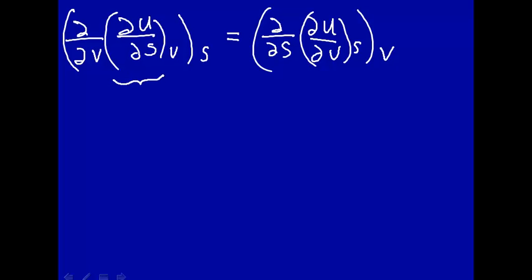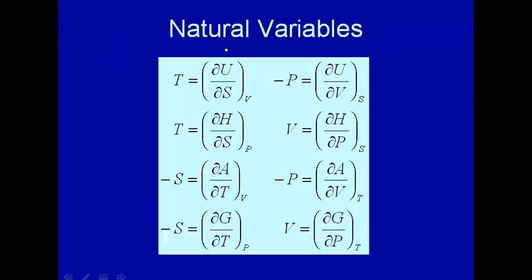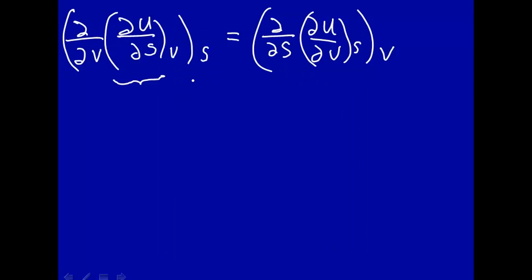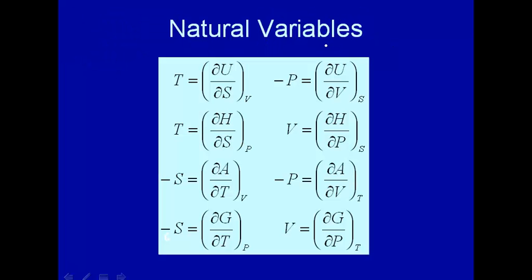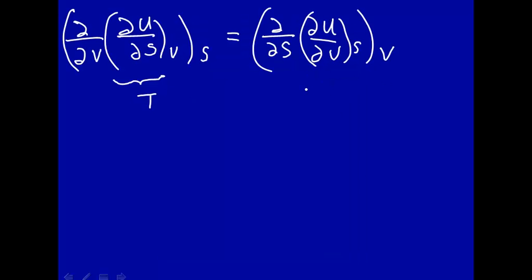Remember from the last lecture, how U changes with S at constant V is temperature. So that is temperature. And how U changes with V at constant S is minus pressure. Okay, minus pressure. That's what that is.